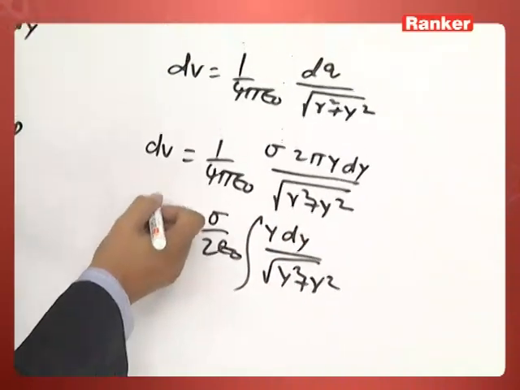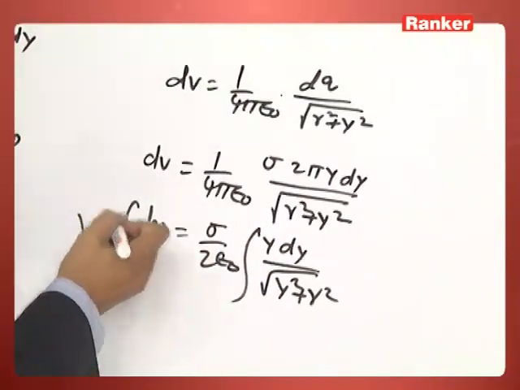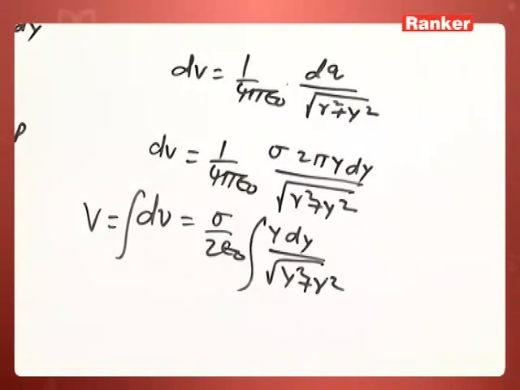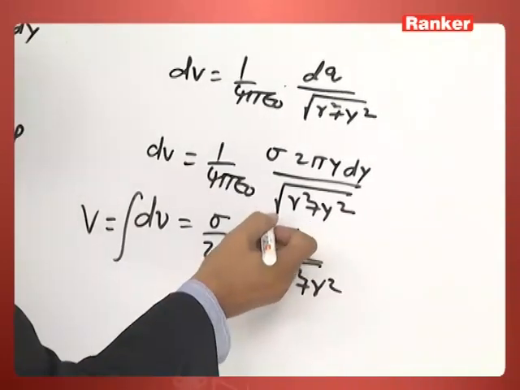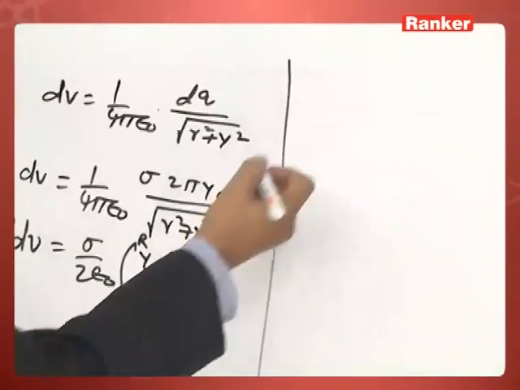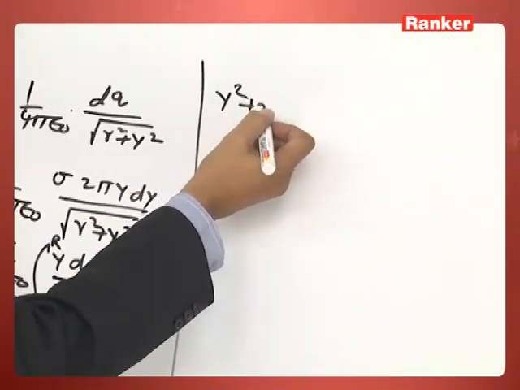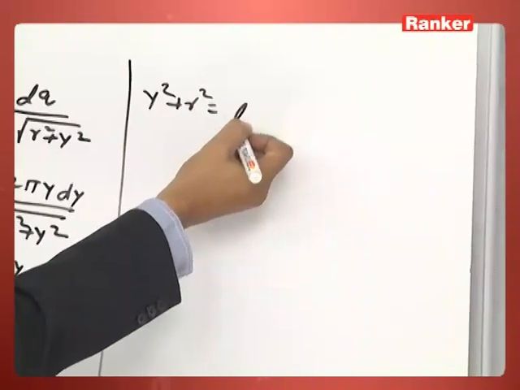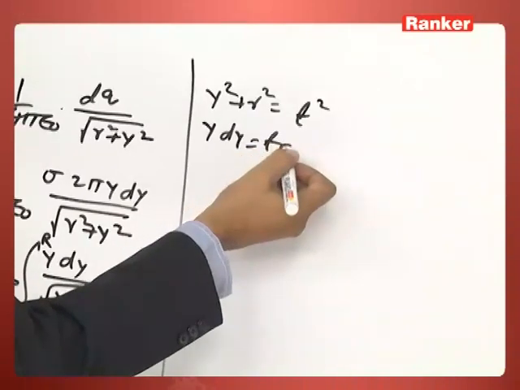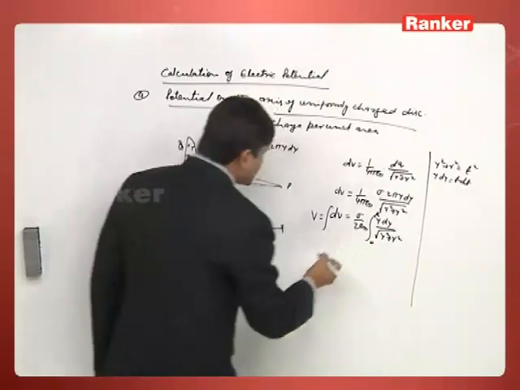Now integrate, with the limit of y from 0 to capital R. See how we can integrate here. Take y square plus r square as t square. So y dy will be t dt, and now we can solve.